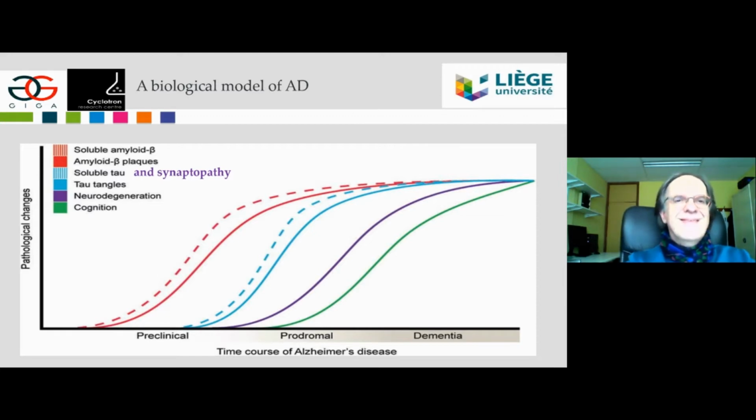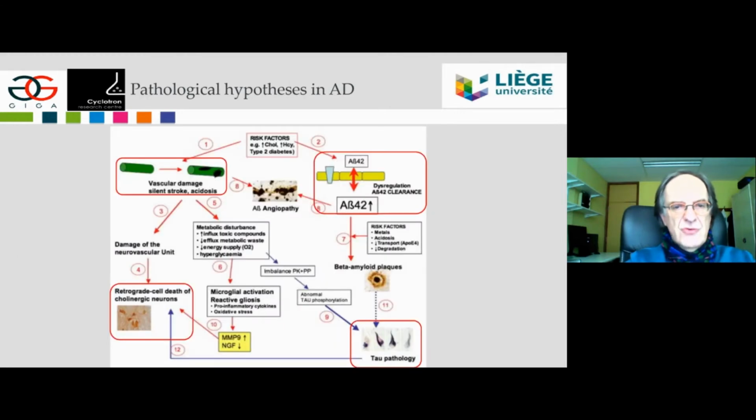But we think that synaptopathy might be very early as well, and that what the abnormal oligomers of amyloid and tau are doing is above all perturbing the synapses, and so synaptopathy. This was clearly our main hypothesis in that kind of research.